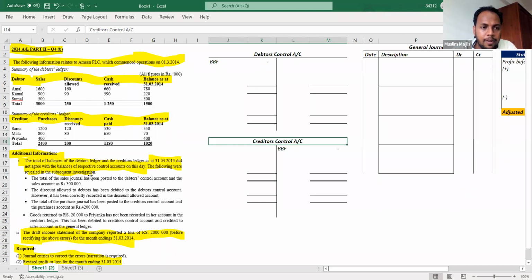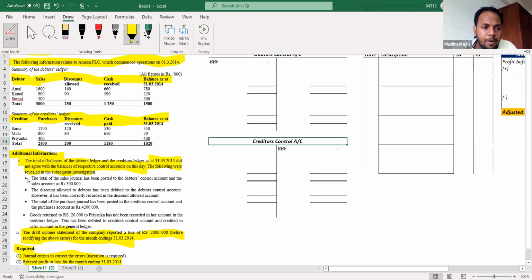All right. Now let's see what they have done. Starting from the first bullet point.